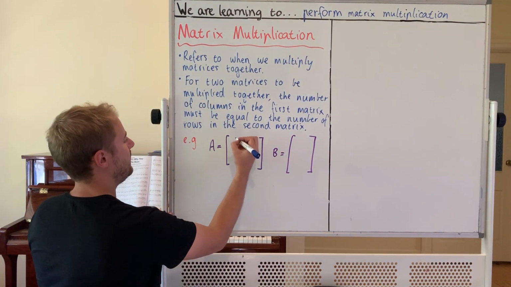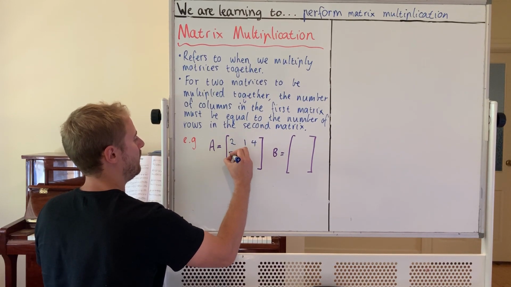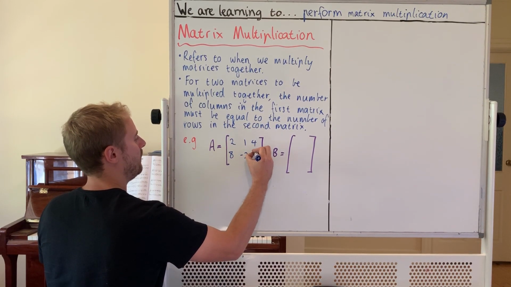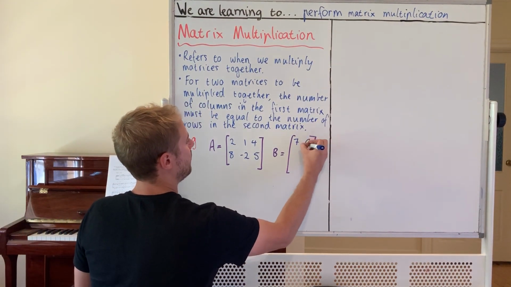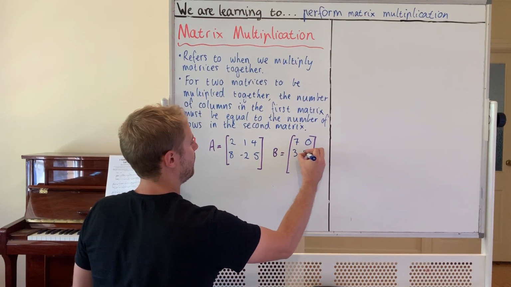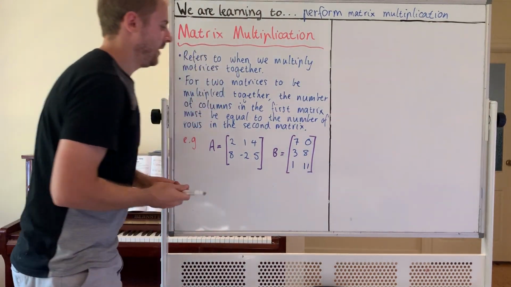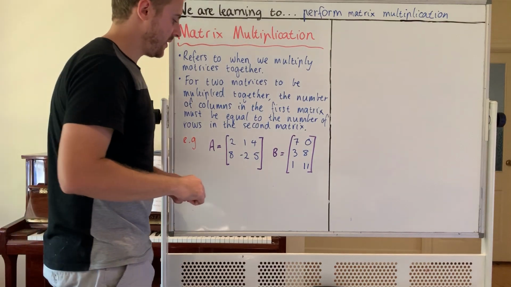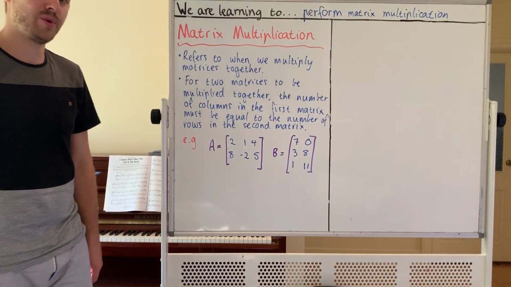say we have two matrices, A and B. What we're going to do here is determine whether they can be multiplied together and whether they can get a product matrix.